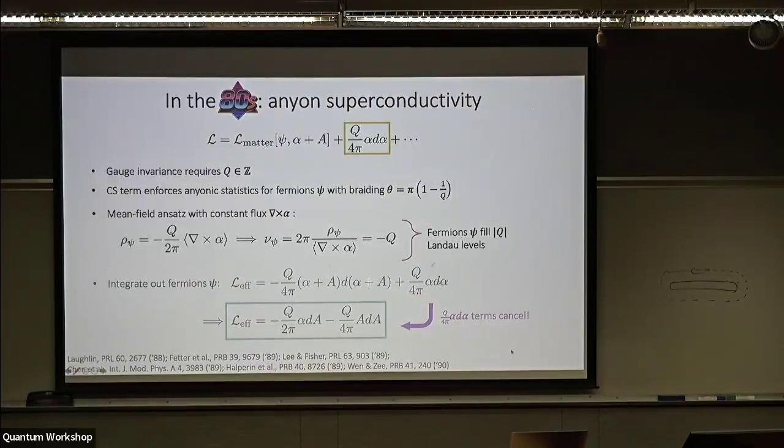So they essentially fill up q Landau levels. The next thing you want to do in mean field theory is integrate out those fermions. Integrating out these fermions in these Landau levels gives you this minus Chern-Simons term now with alpha plus big A, because that's what the fermions are coupled to. And of course, expanding, you find that this alpha d alpha term has canceled. So that statistical term is no longer there.